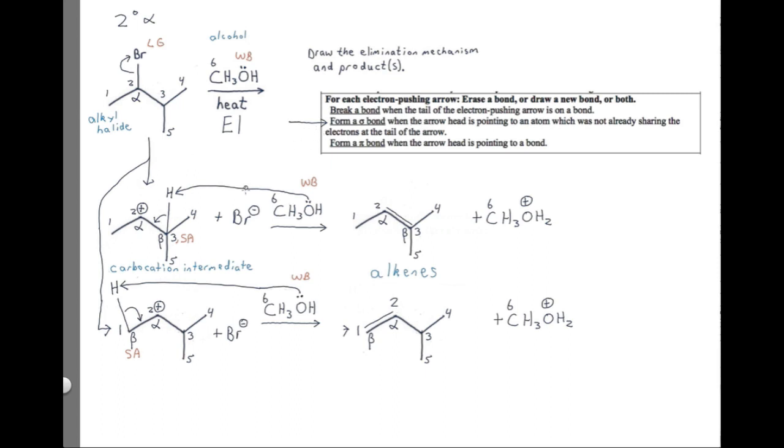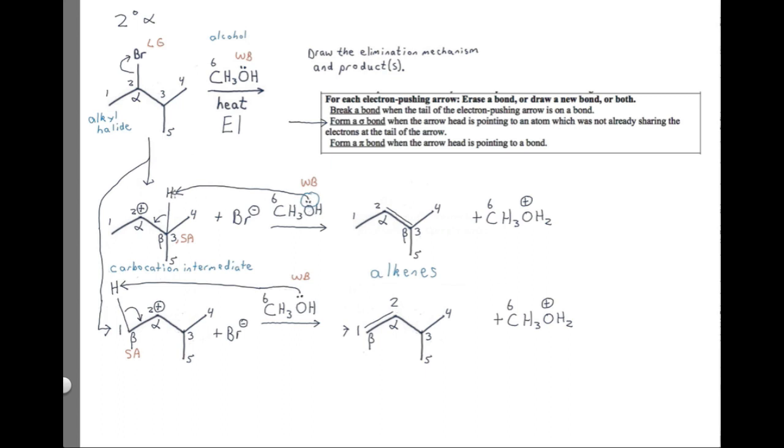Take a look at this arrow. Notice that the head of this arrow is on the hydrogen, and the tail of the arrow is on this oxygen. So the tail of this arrow is on this lone pair on the oxygen. Well, notice that in this picture, the hydrogen is not yet sharing the electrons at the tail of the arrow.